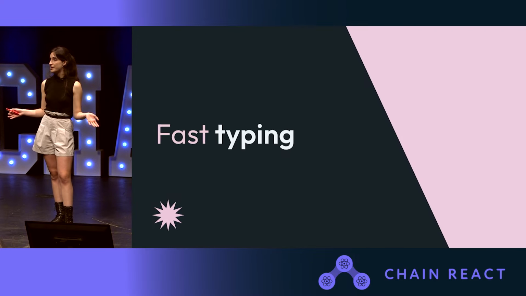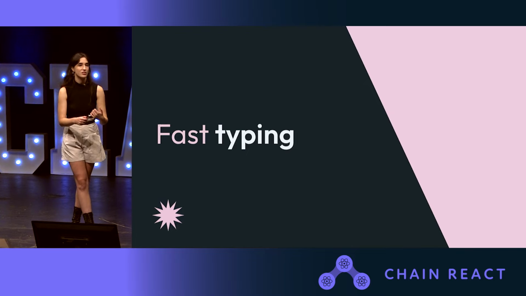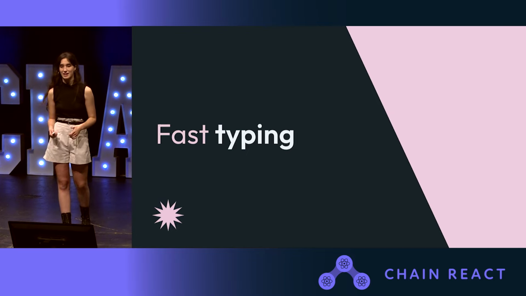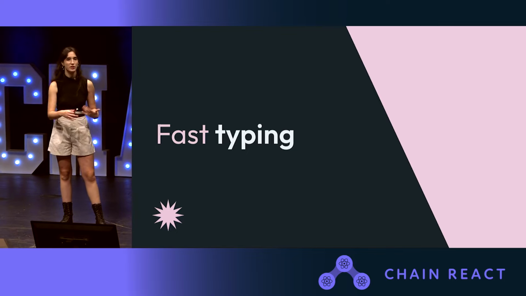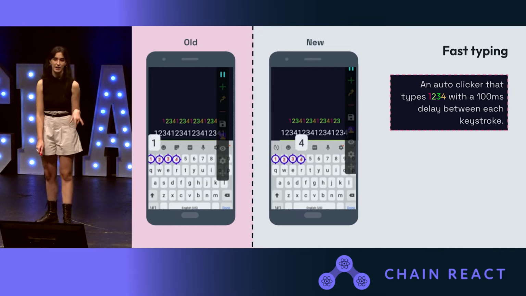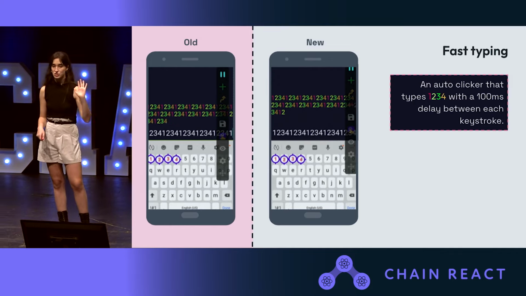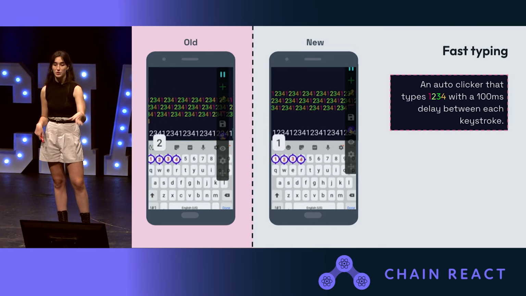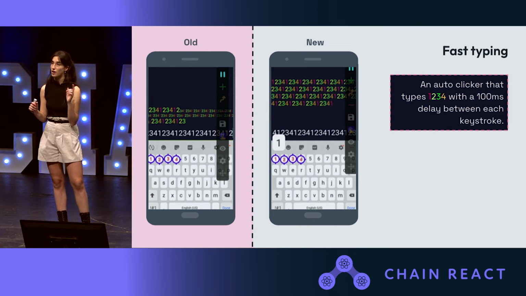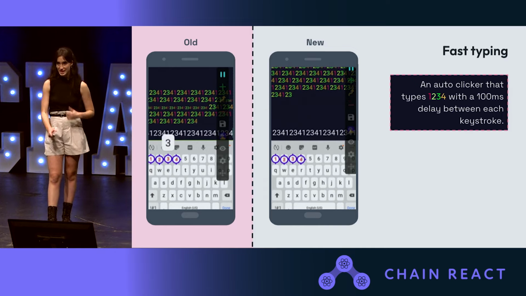Another thing I wanted to try out was what would happen if a user started typing really fast and there were many re-renders going on the screen. So for this, I downloaded an auto clicker and I just started typing 1, 2, 3, 4 with a 100 millisecond delay. So this will be like a really angry user.